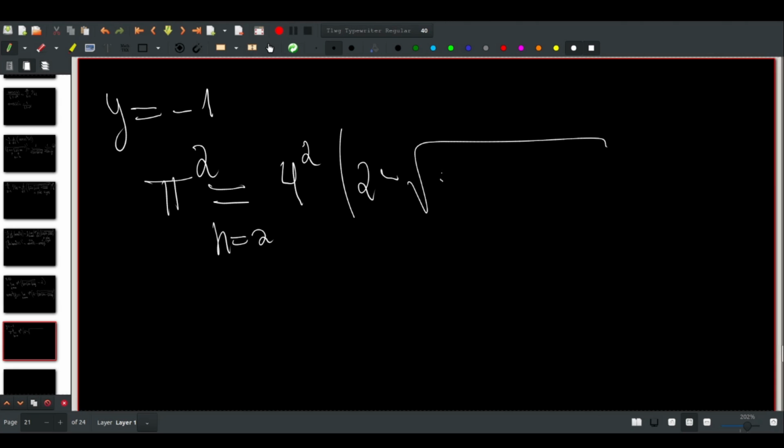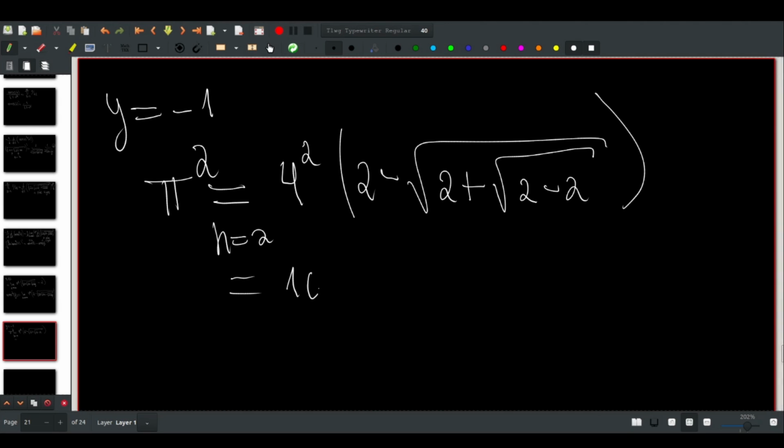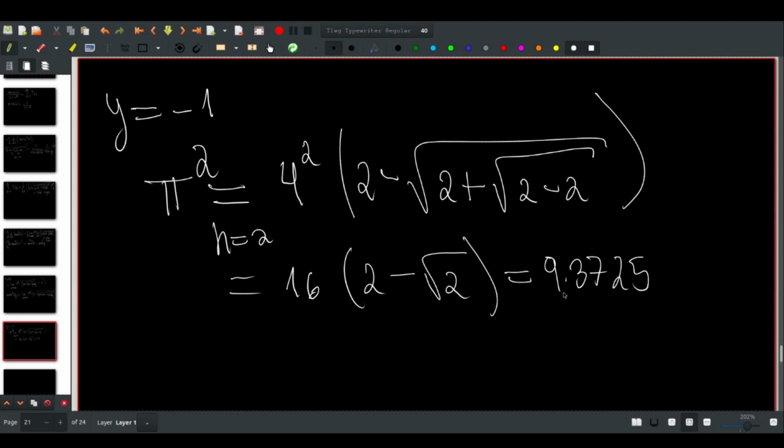That's what the n means. So this is 2 plus the root of 2 plus 2y. But 2y is minus 2, so this is exactly 2 minus 2, which is 0. So what we get is 16 times 2 minus root 2, and you can check that this is actually 9.3725. I mean, it's not too close to pi squared, but it's only the n equals 2 term.